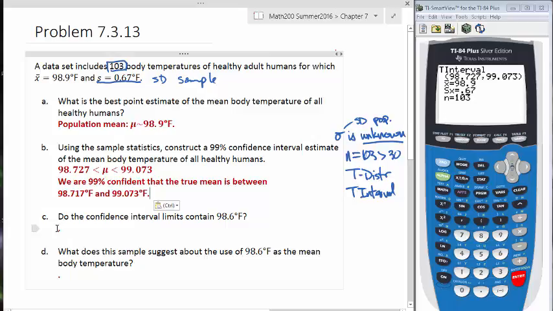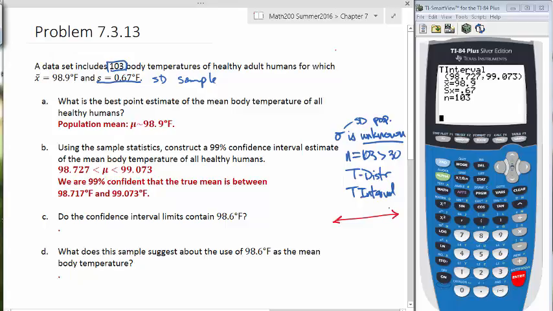The next question is, does the confidence interval contain 98.6? If we look at this on a number line, we have 98.7, 99.073, and 98.6 would be a little bit to the left here, which is not in the confidence interval.